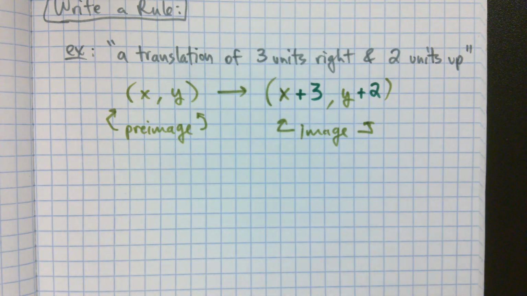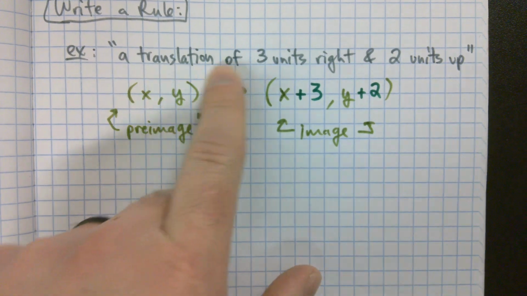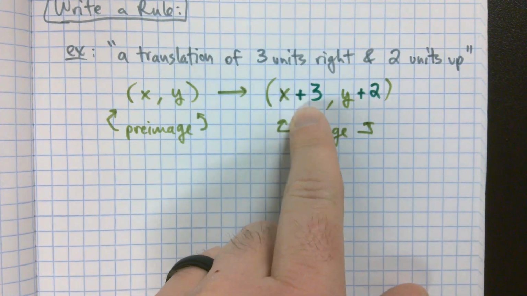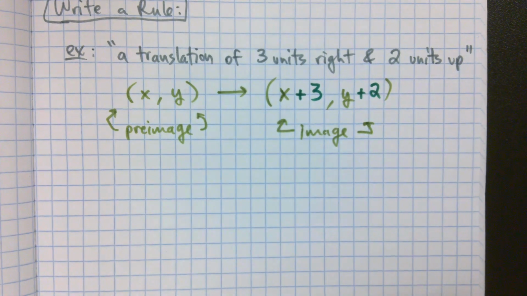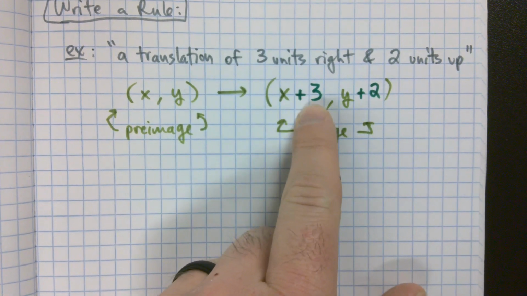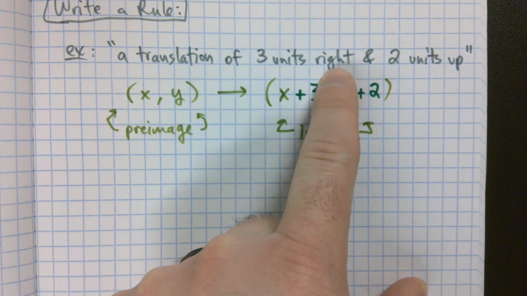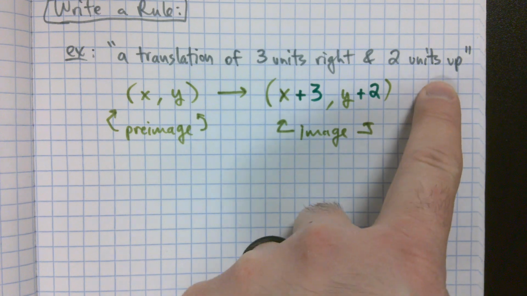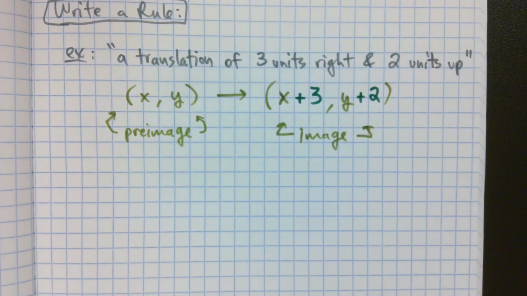And this is what I was explaining in our warm-up. The directions of our translation written out in words is the exact same thing as saying x plus 3, y plus 2. We're increasing the x-coordinate by 3, which goes to the right, and the y-coordinate by 2, which goes up.